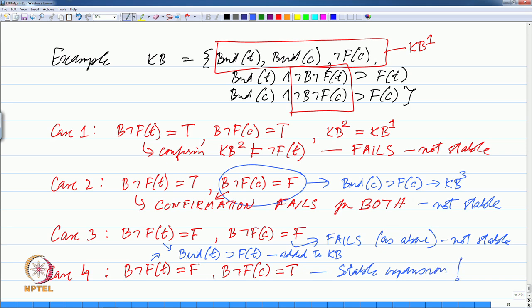I will leave this for you to verify that this is a stable expansion, because you have assumed that the belief that Pt does not fly is false, which means its negation is not entailed in the knowledge base. So, it is fine.